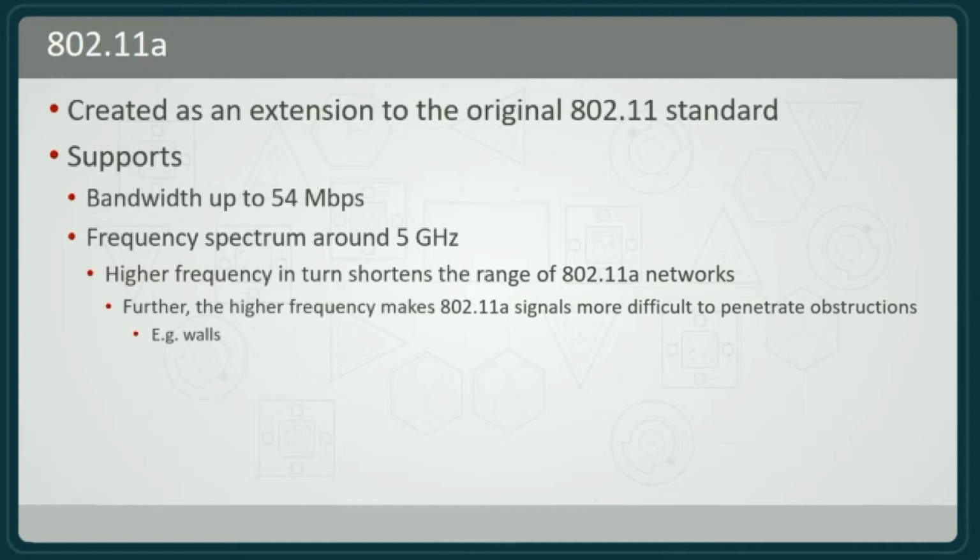Now, that's not necessarily a downside, if you will. Sometimes you might actually want to restrict the network a little bit more, condense it, if you will, or confine it to a shorter range. And if it's more difficult to get through things like walls, that might actually provide a little more security. So again, depending on your perspective, it might not really be a downside.